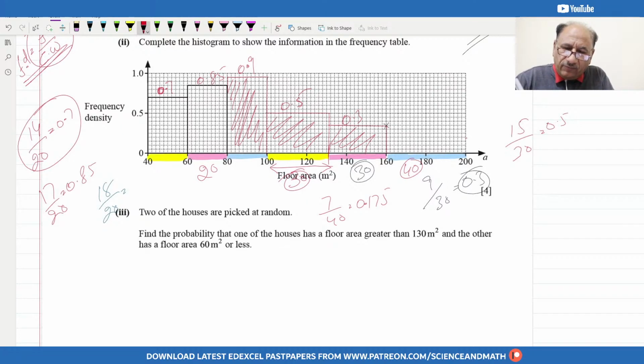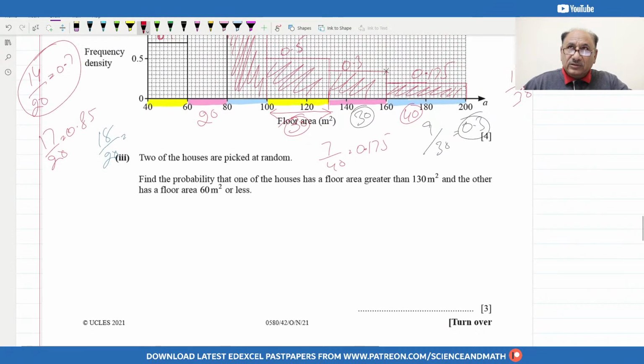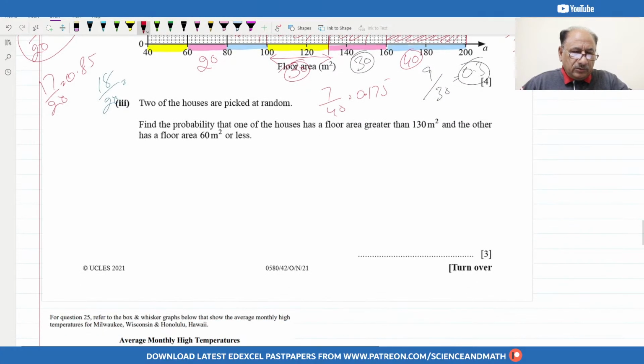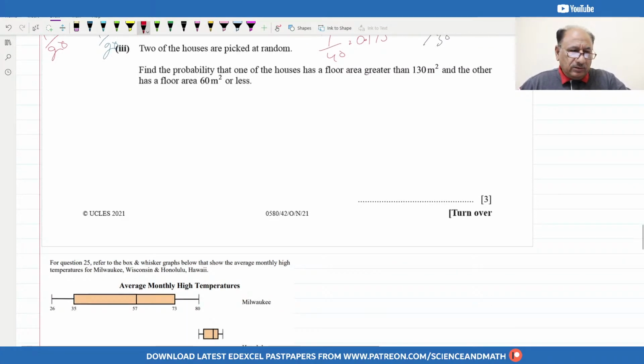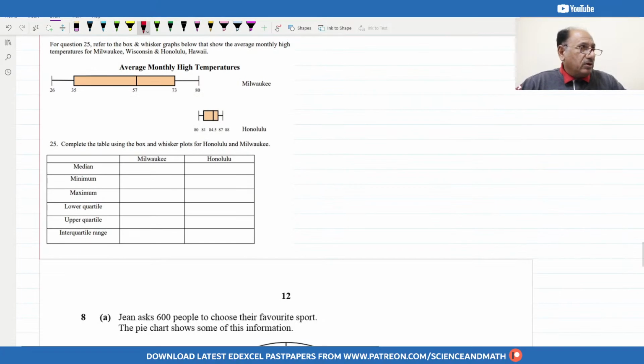We can take it roughly over here, and I'm indicating 0.175 so that you are sure of the height for this one. Now this is done, and next we can go through the box and whisker plot.